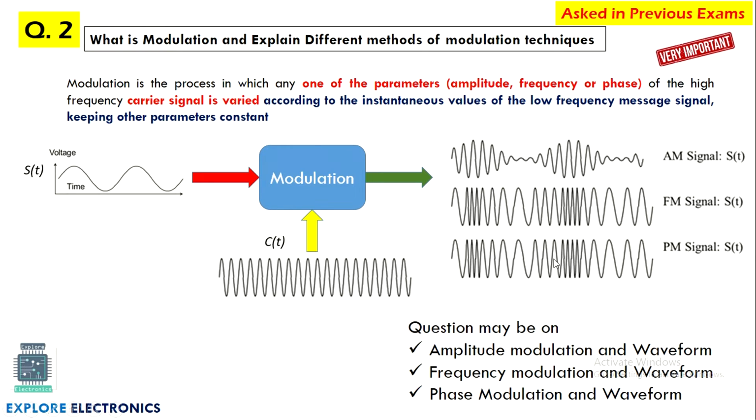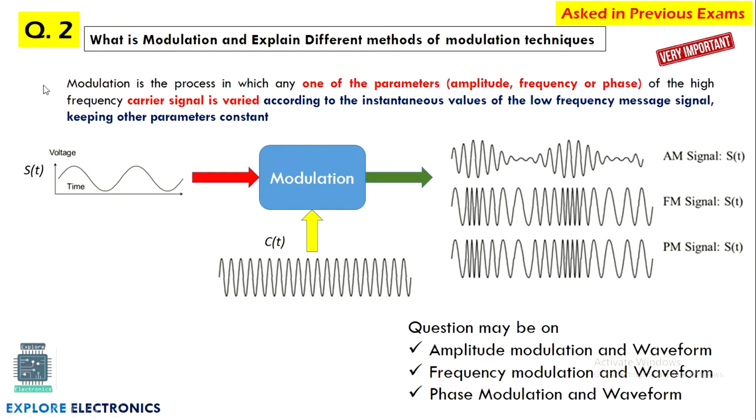So the question may be a general question like explain different methods of modulation techniques, or you may get a question like explain amplitude modulation, explain frequency modulation, explain phase modulation, and you are supposed to write the waveform, writing the message signal as well as the carrier.